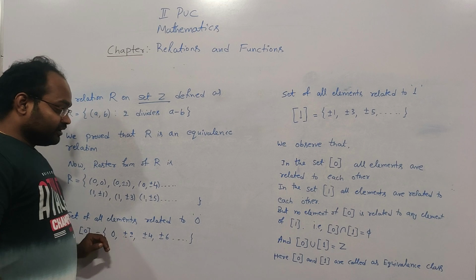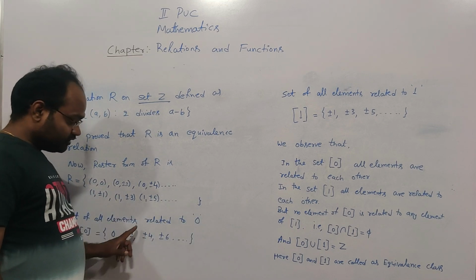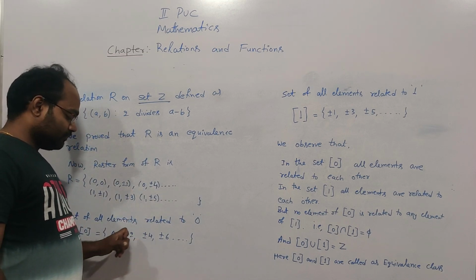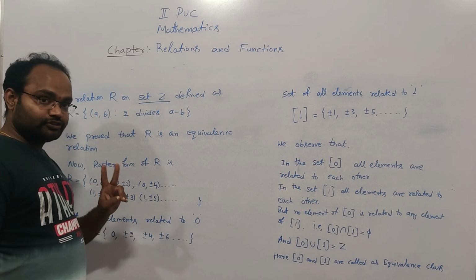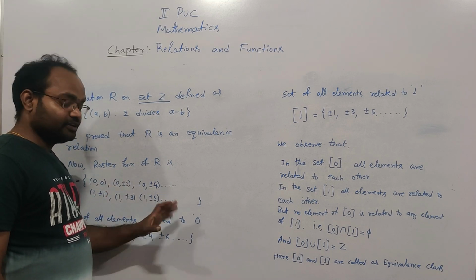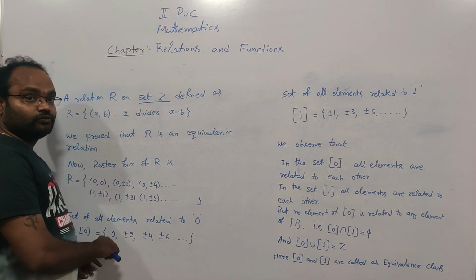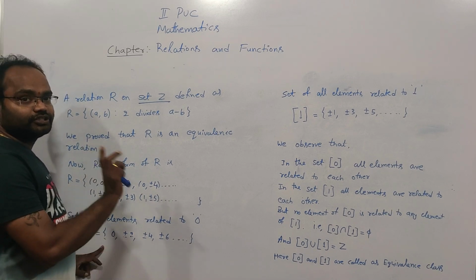That means 2 is related to every element of this set, 0 is related to every element of this set. 4 and 0 difference 4 divisible by 2, 4 and 2 difference is 2 divisible by 2, 6 and 4 difference is 2 divisible by 2. That means every element in this set is related to each other. Each element in this set is related to each other.